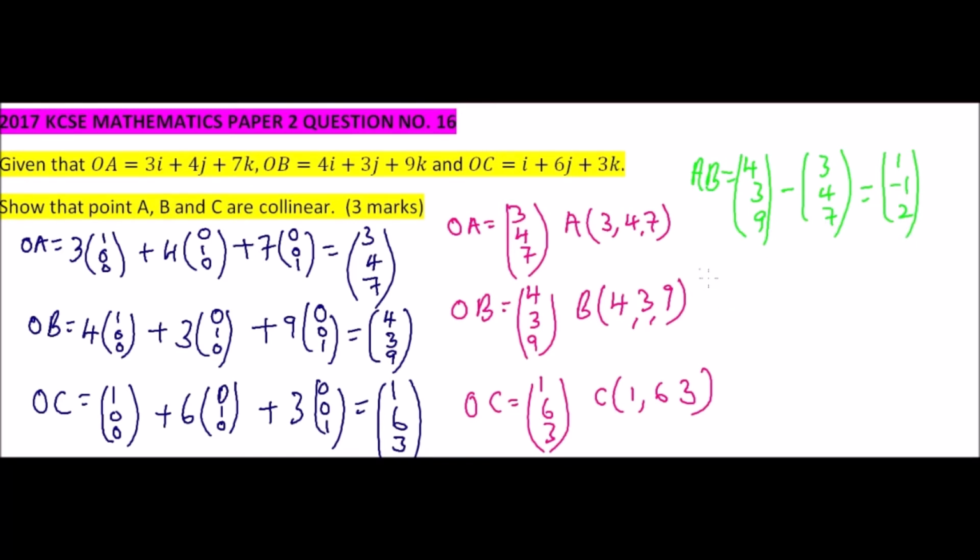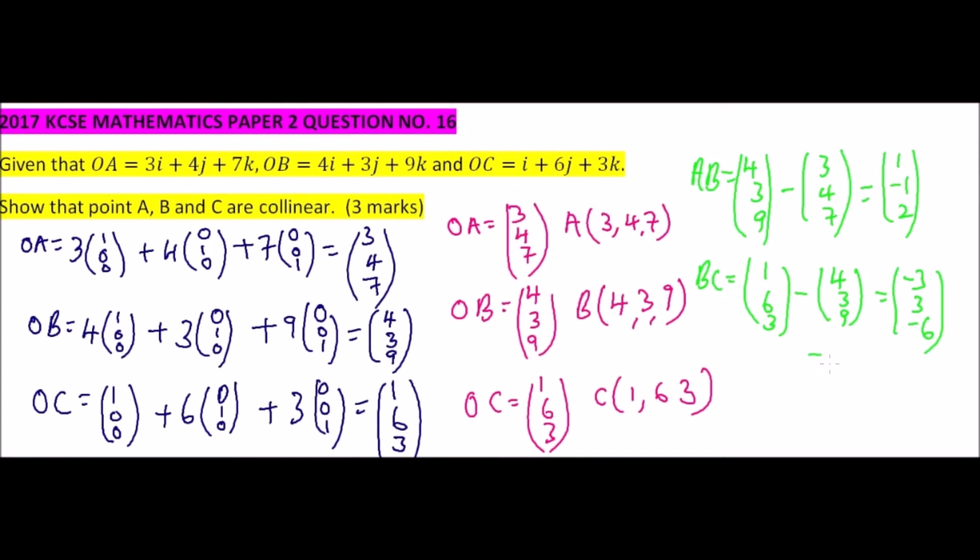Let's go ahead and get vector BC. Our BC is (1, 6, 3) minus (4, 3, 9), and that should give you, let's put the bracket first, minus 3, 3, and minus 6.